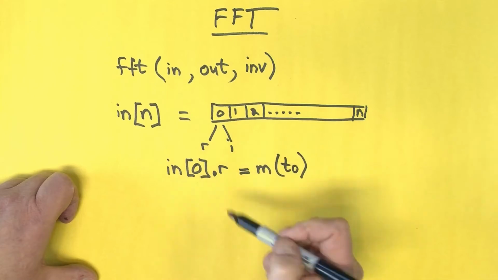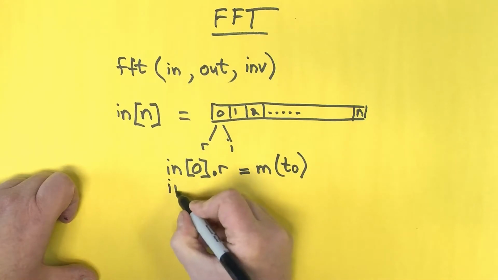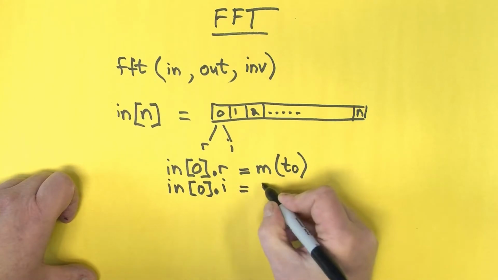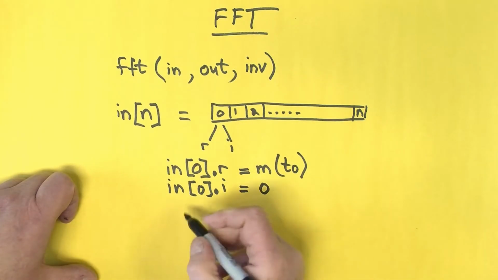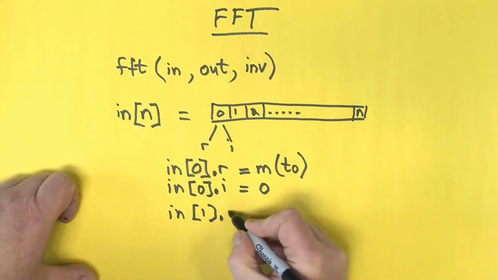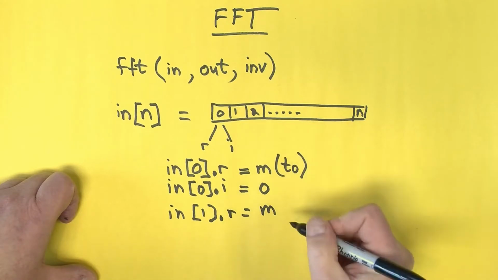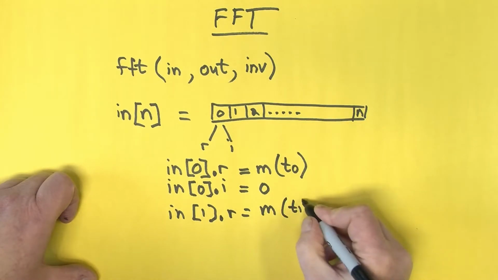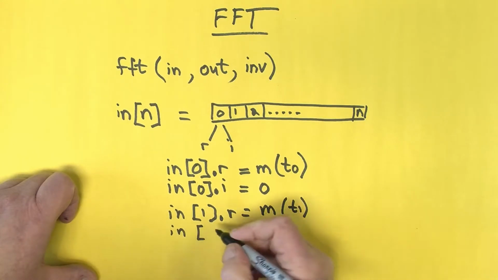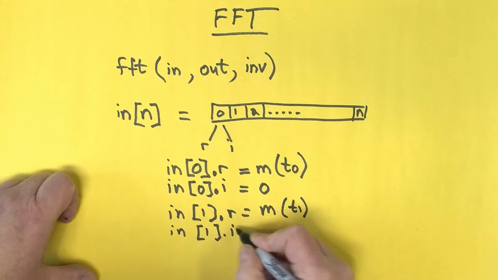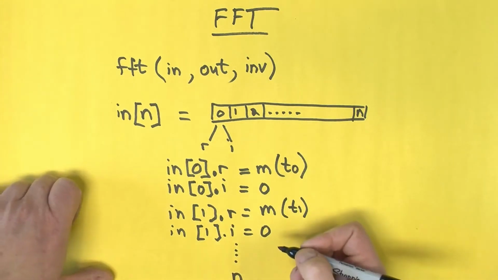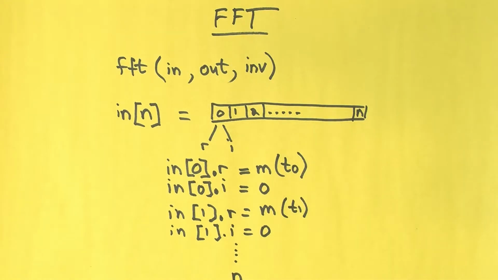And now you might say, but what do we do with the imaginary part? Well, we're going to say input of 0 dot imaginary equals 0. And then we would continue that on, input of 1 dot r equals the input signal at time 1, and the imaginary part of that will be 0, and we would just continue it all the way down to the nth sample point.